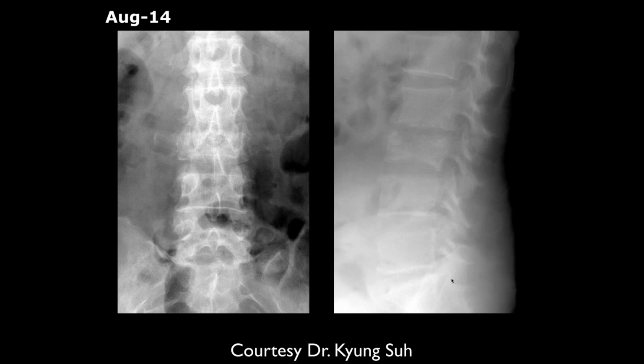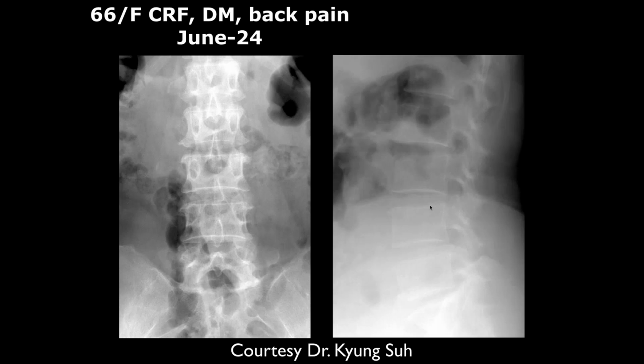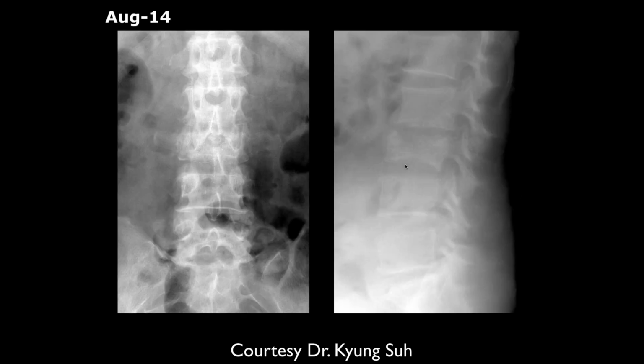There's depression of the superior end plate at L3, with loss of vertebral body height. Here's L3, and you can see a little bit of lack of definition there. But a few months later, it's substantially worse with some compression, and still a lot of irregularity in the end plate here, as well as maybe the inferior end plate above it, and the superior end plate below it.